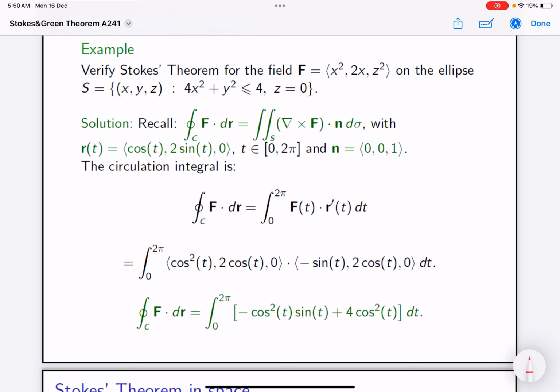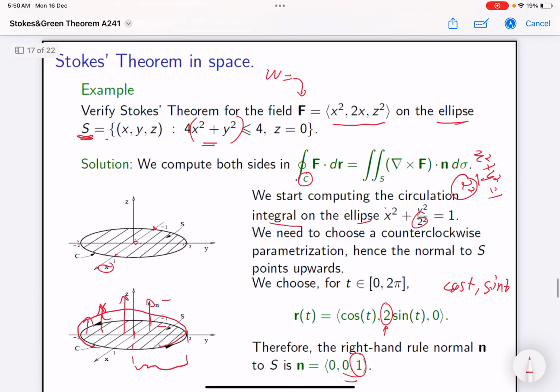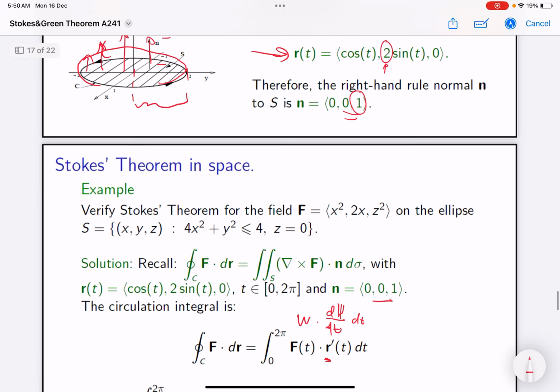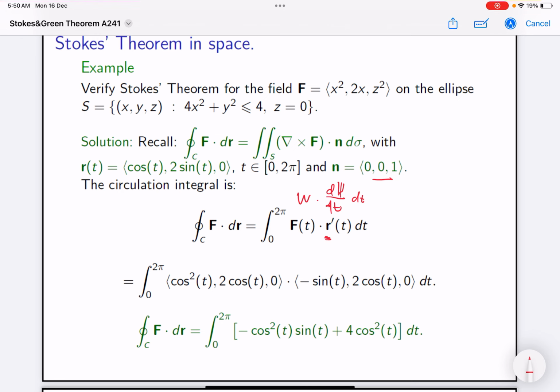To do the integration, first we look into the parameterization as derived before. So the circulation integral now becomes F dot dr over dt, where the prime is the derivative of the parameterization of r, going until 2 pi.